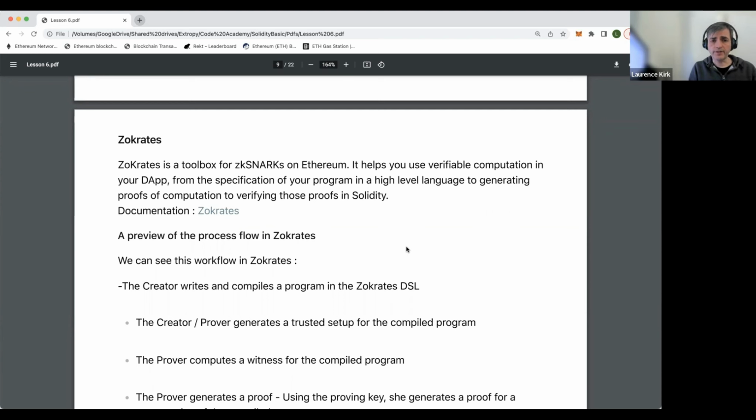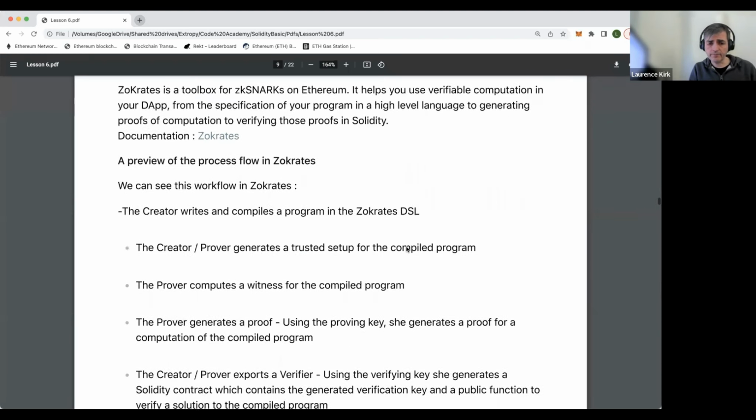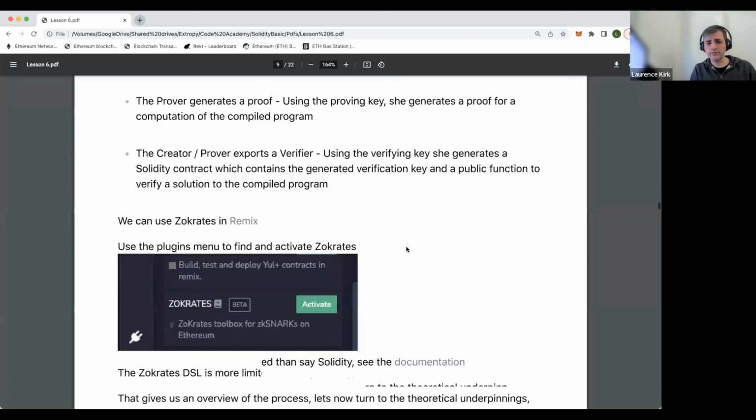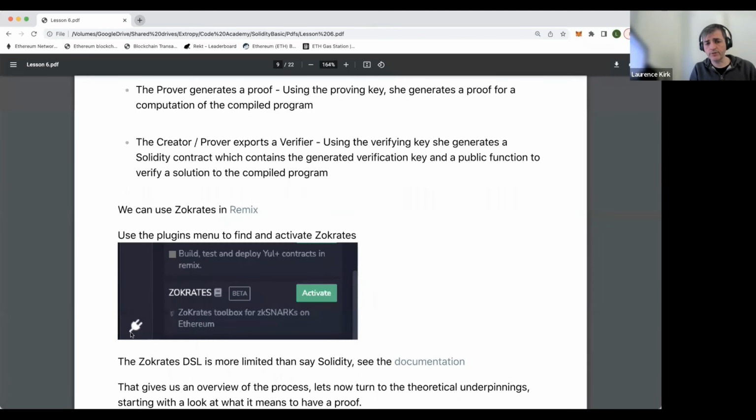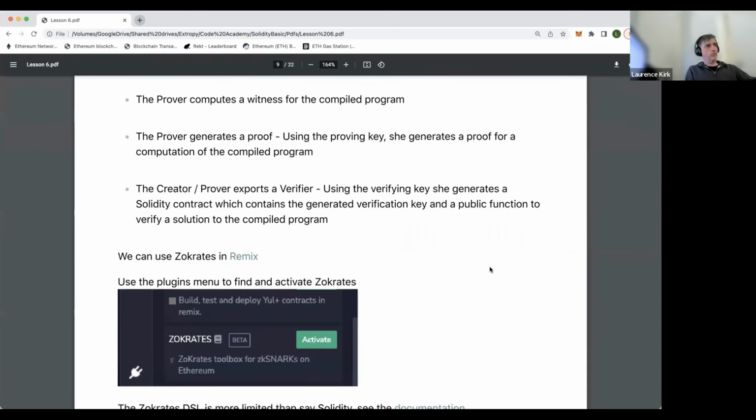And there is a plugin for this in Remix. If you want to try it out, if you click on the plug icon and look for ZoKrates, you can activate the plugin, and within that plugin they talk you through the process, so you can go through the process and try it out for yourselves.